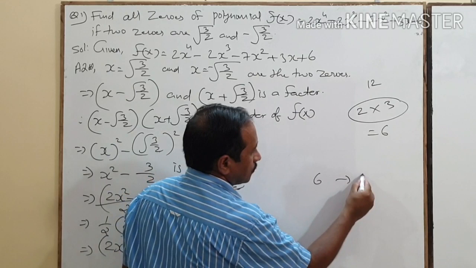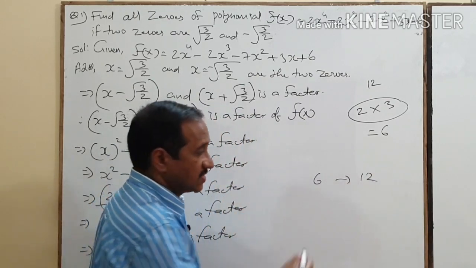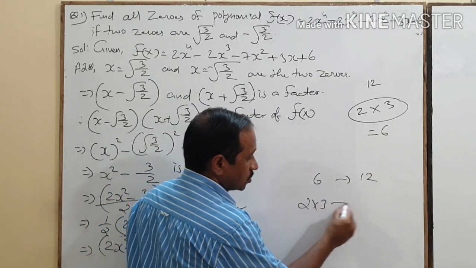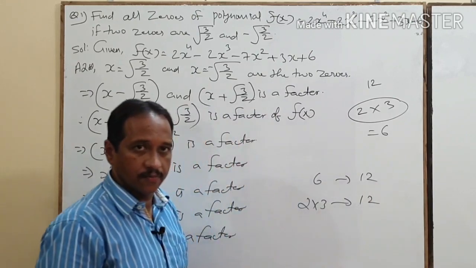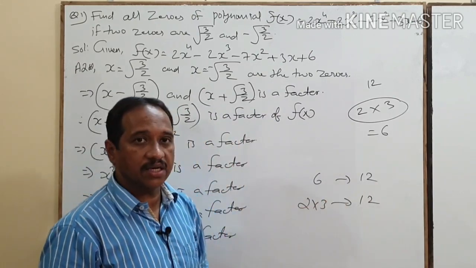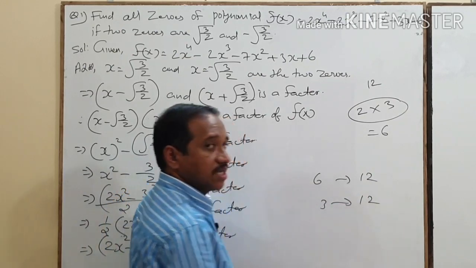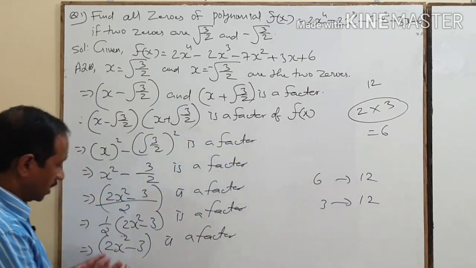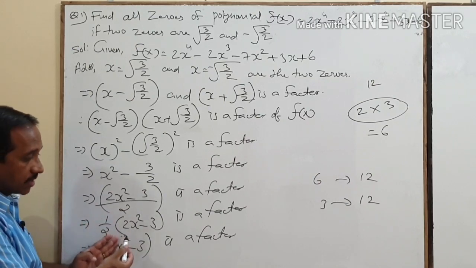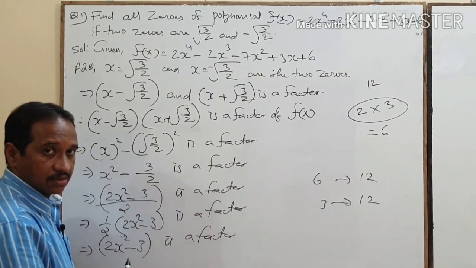6 is a factor of 12. 6 means 2 into 3 is a factor of 12. If 2 into 3 is a factor of 12, then definitely we can say that 3 is a factor of 12. Similarly, 1 by 2 into 2x square minus 3 is a factor.